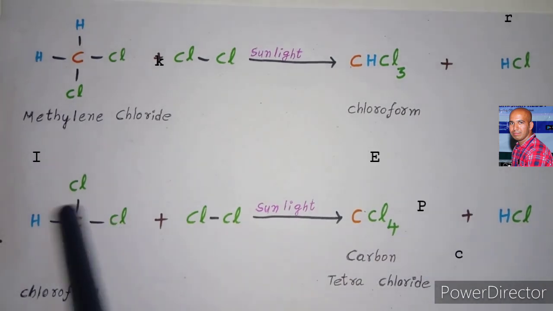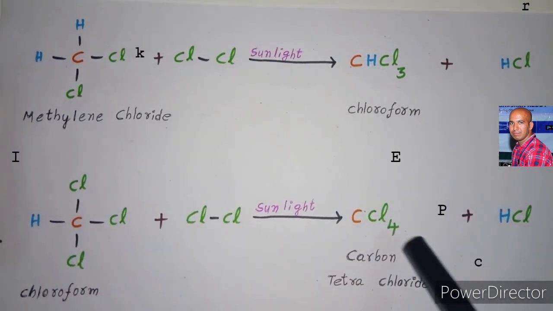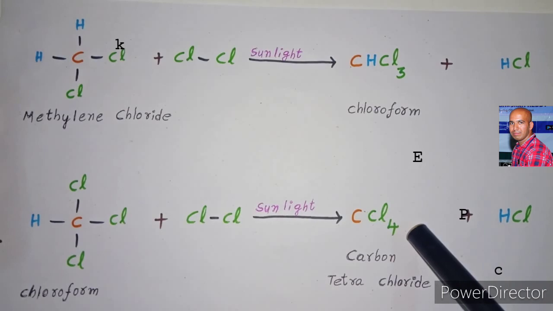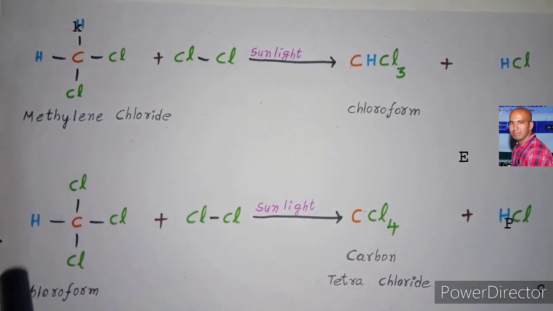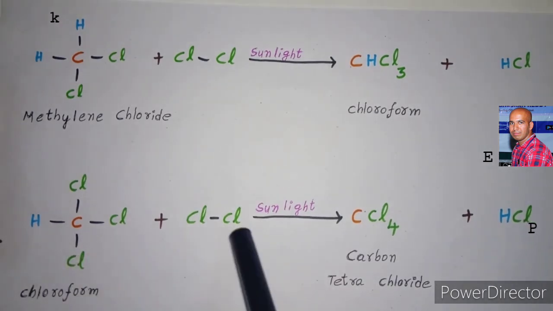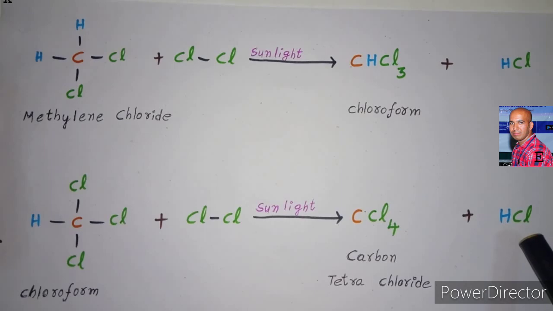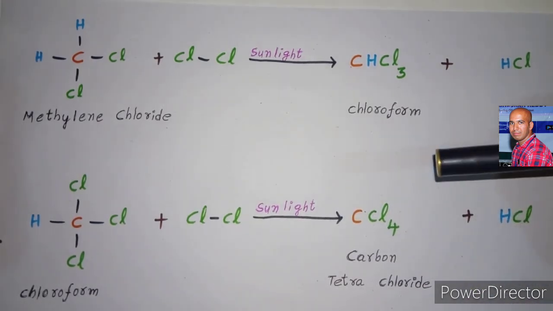That means all hydrogens are displaced with chlorine atoms. The newly formed compound is carbon tetrachloride, and the displaced hydrogen and the remaining chlorine will form hydrogen chloride. So like this, the reaction between methane and chlorine takes place in 4 stages.